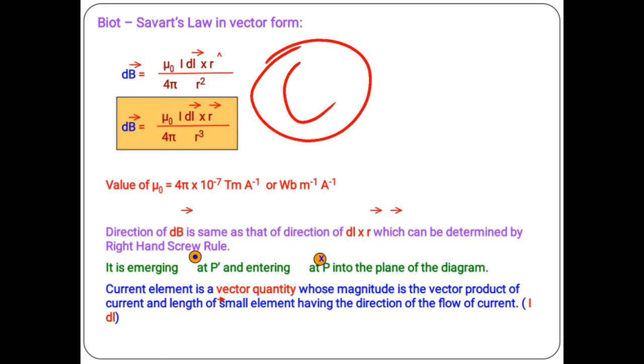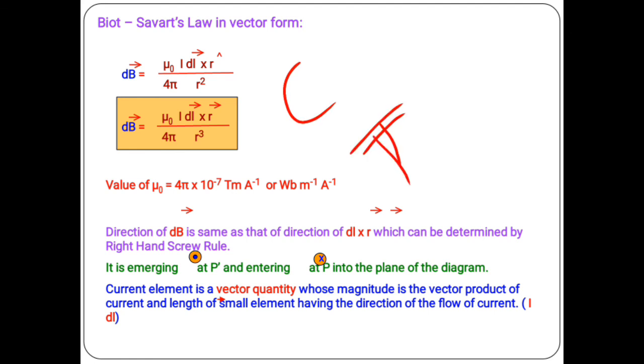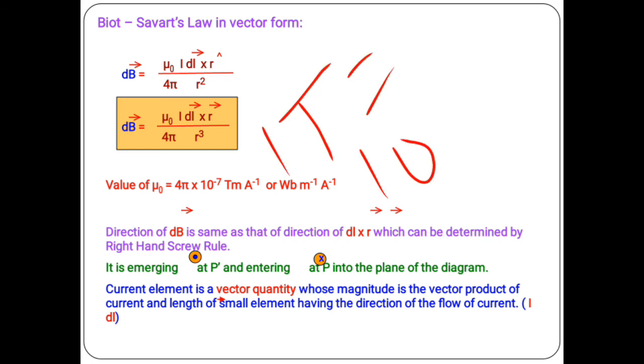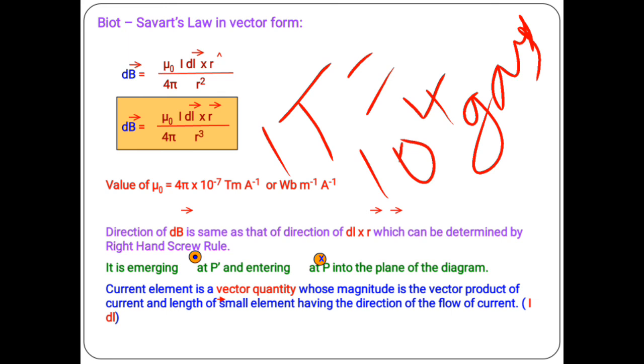Usually we also use the Gauss. 1 Tesla equals 10 to the power 4 Gauss, so 1 Gauss equals 10 to the power minus 4 Tesla.